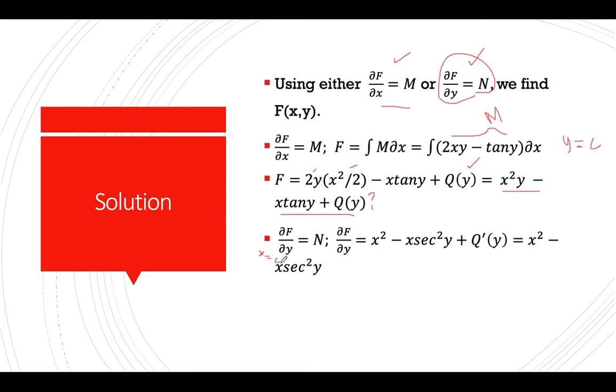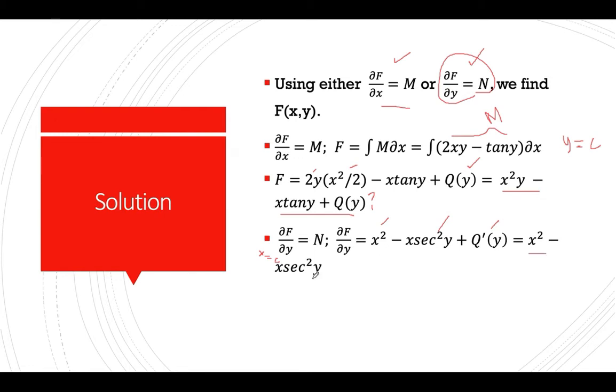So x squared is constant, so copy. Derivative of y is 1. x is constant, so copy. Derivative of tangent y is secant squared y. Derivative of q of y, we will represent it by q prime of y, and then equate to N.